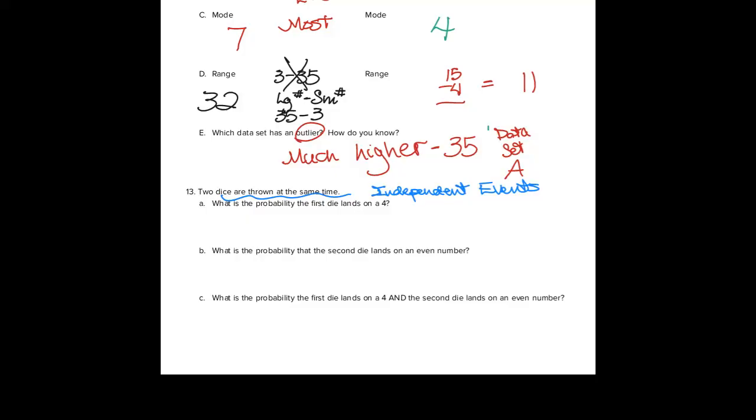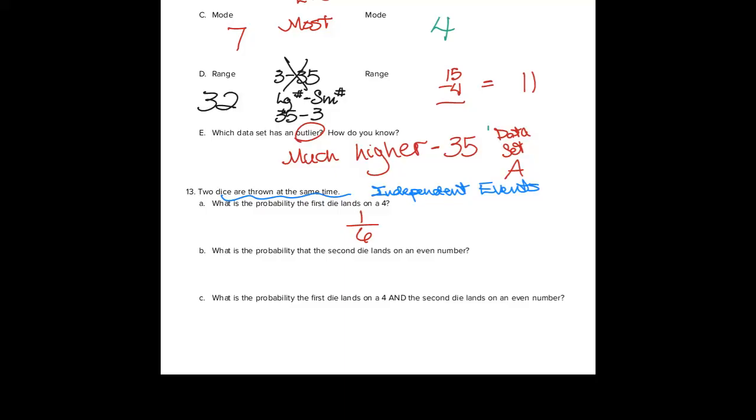Can you write that probability in the chat? Or just tell me. Well, if we have 6 sides to a die, 6 total. The probability that it lands on a 4, there's only 1 4 on a fair die, so that is 1 out of 6.